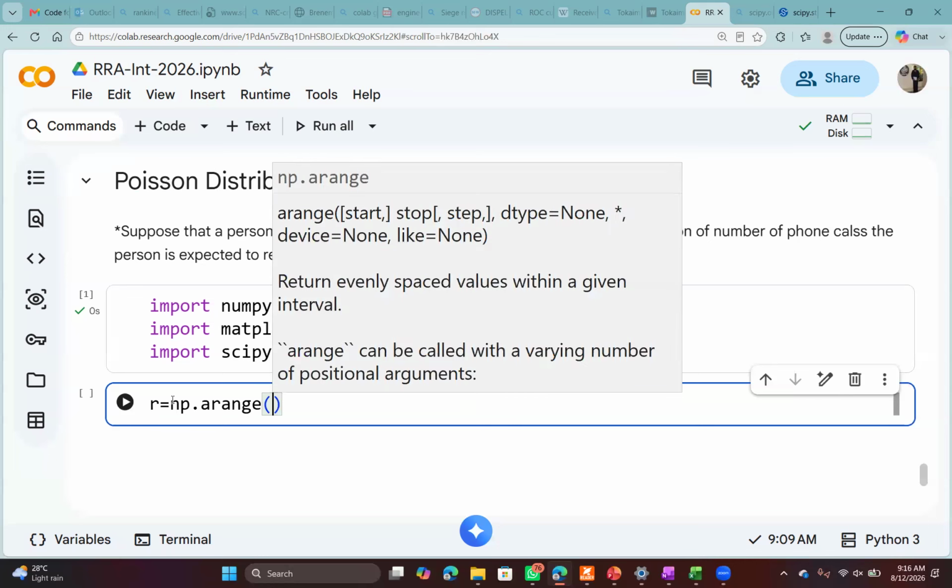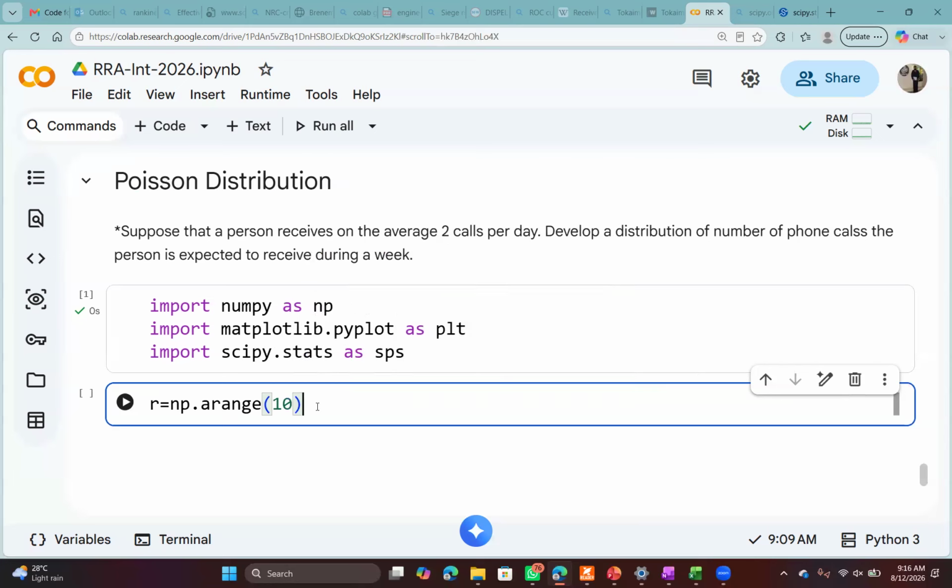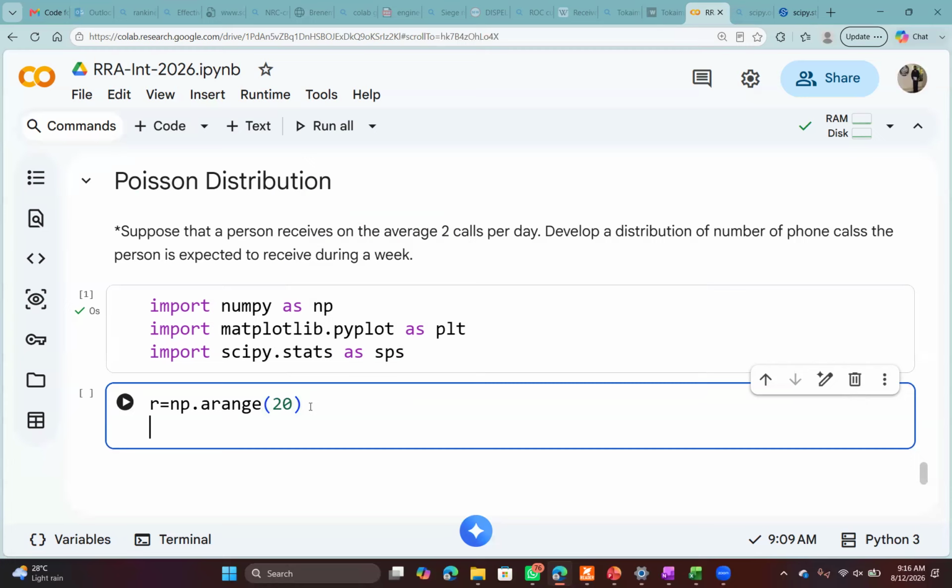So let's calculate probabilities for receiving say up to 20 calls, from 0 to 20 in individual sense. We define a mu value, the mean value of the calls. So 2 calls per week.